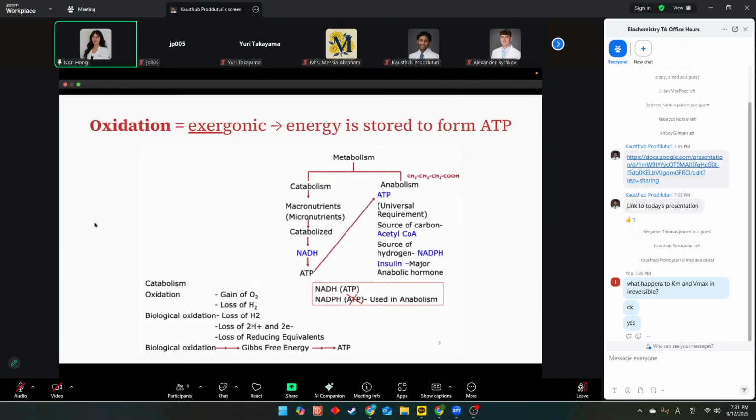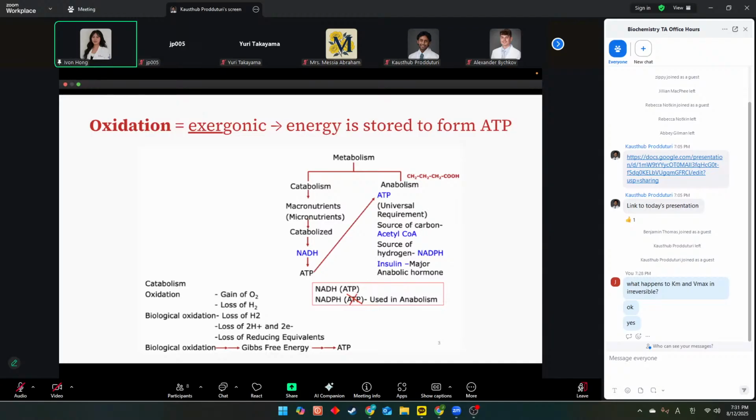The main part of this lecture: she begins to talk about how we've moved on from the TCA cycle and we're now talking about the electron transport chain. She starts off wanting to make sure you understand the foundation, knowing that oxidation is an exergonic process, so energy gets stored in the form of ATP. There's a lot of information on this slide.